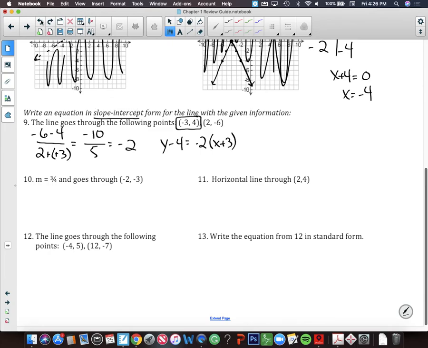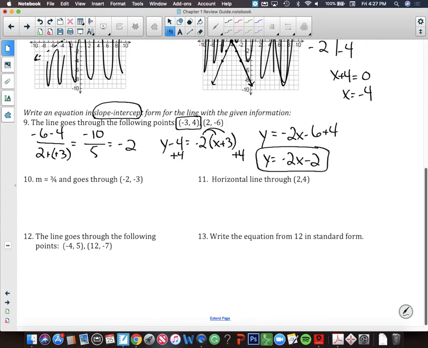All right, slope-intercept form. So we need to distribute the -2 and then move the 4 over, just like we did up above. So that'll give me y equals -2x minus 6 plus 4, because I just moved that 4 over there. So y equals -2x minus 2. That's your equation.